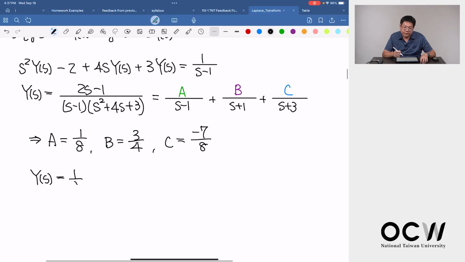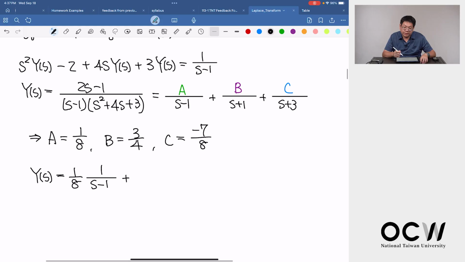So you get 1/8 times 1 divided by s minus 1. Second, B, 3/4, times 1 over s plus 1. And your C, -7/8, times 1 over s plus 3.